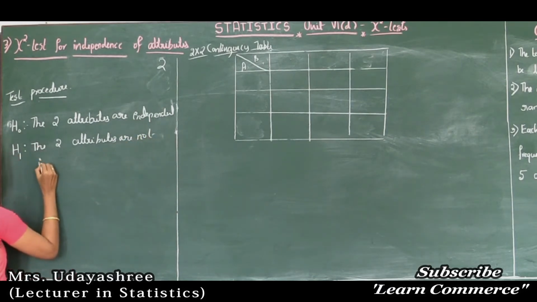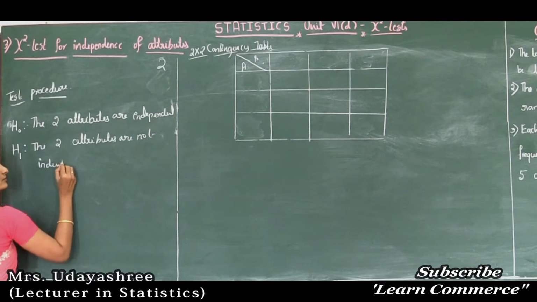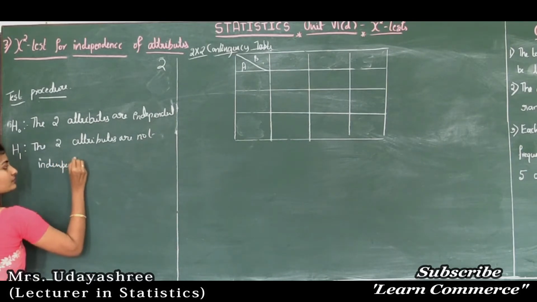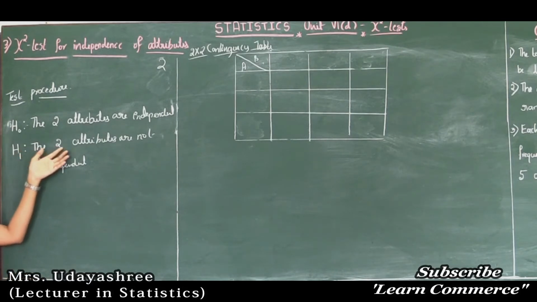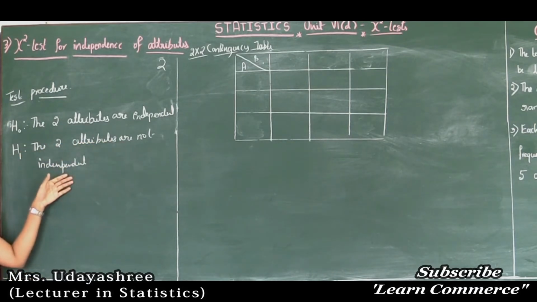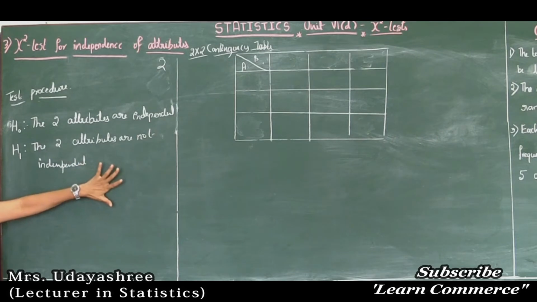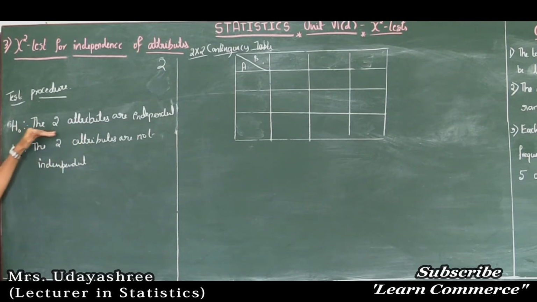The two attributes are not independent in the sense that the two attributes are dependent. So H naught is the two attributes are independent and H1 is the two attributes are dependent.